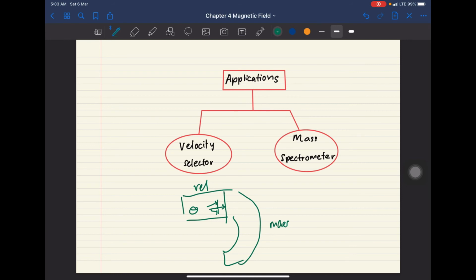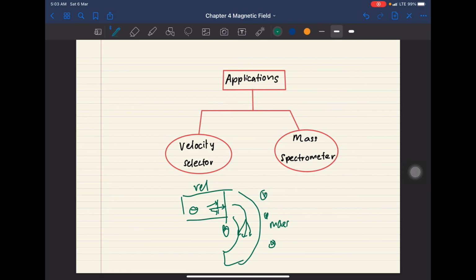If you have a particle, it will move in circular motion under a constant uniform magnetic field. But if you have slightly higher mass or lower mass, then you have a bigger or lower deflection. Based on that, you can determine the mass of the particle.